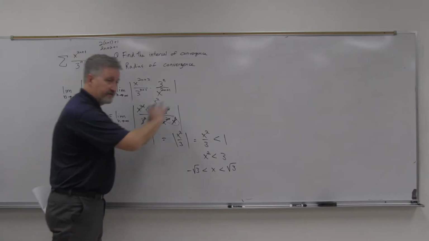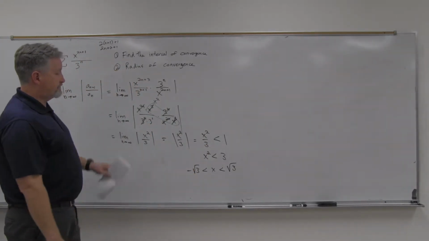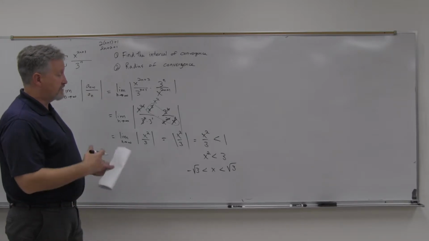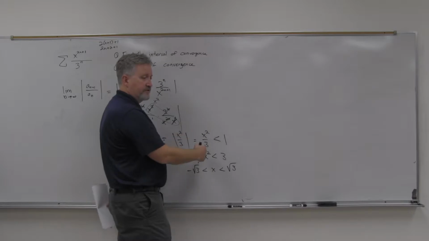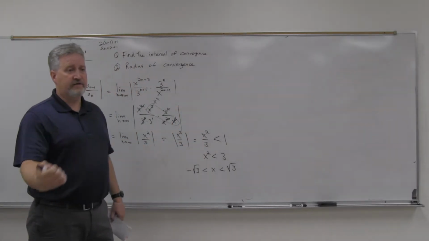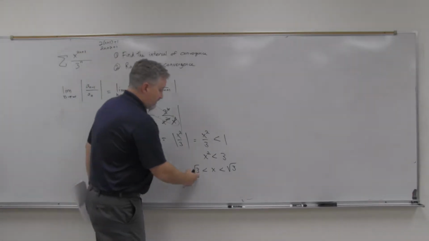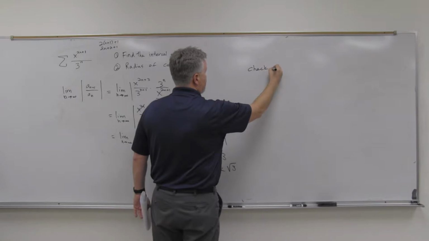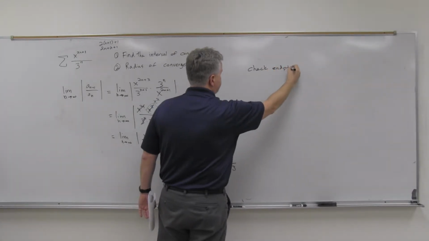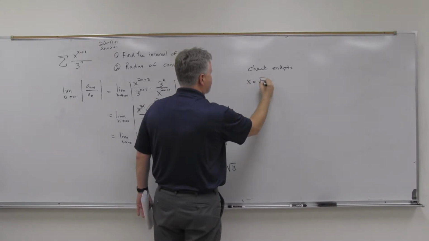So we know it's convergent for all of that, but it doesn't tell me about the endpoints because that's where this would equal 1, and ratio test doesn't tell you anything when it equals 1, and so you have to check those independently. At the endpoints is where that would equal 1. So the second part of this is check the endpoints just to get everything checked.